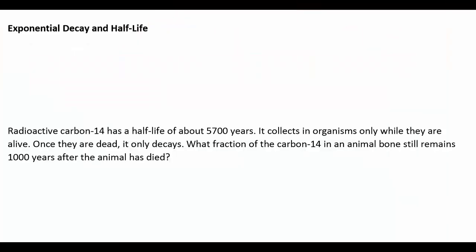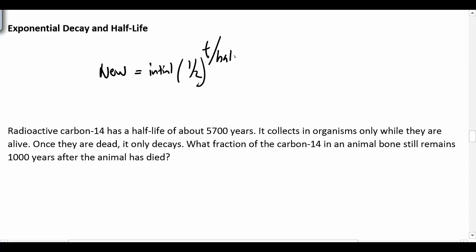Similar to double time, we actually have something called half-life or half-time. The formula for this, again an approximation, is new equals initial times 1/2, raised to the t divided by half-time power.